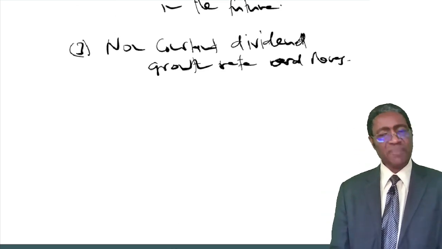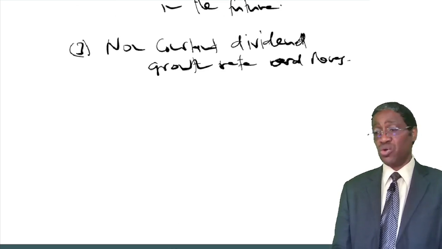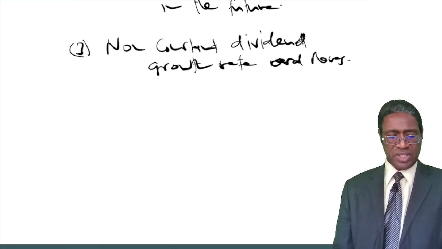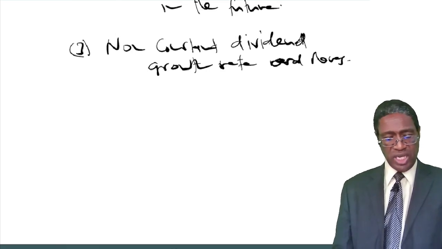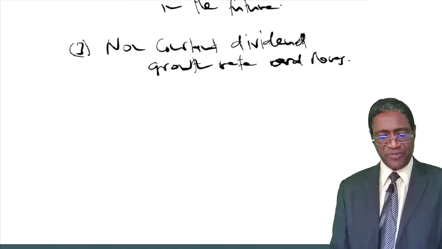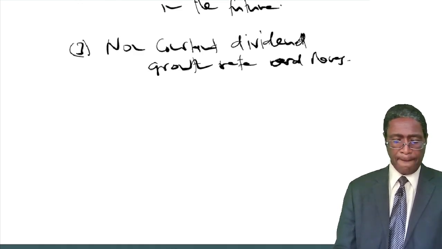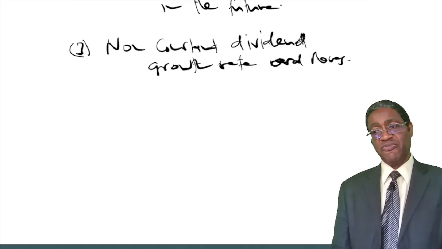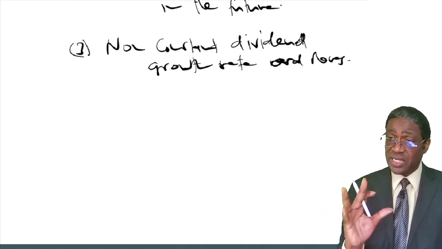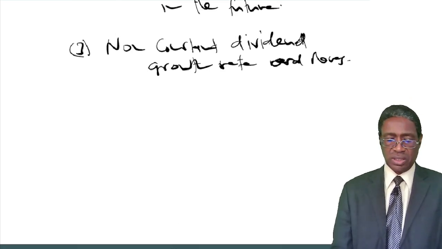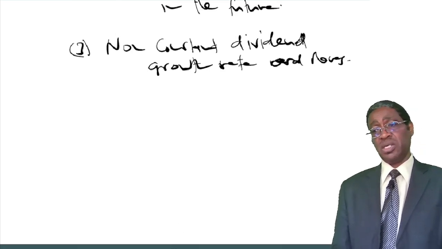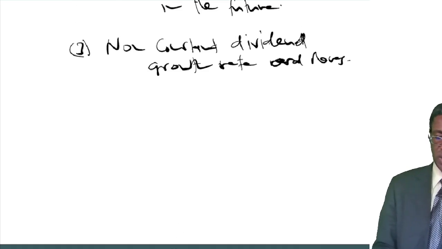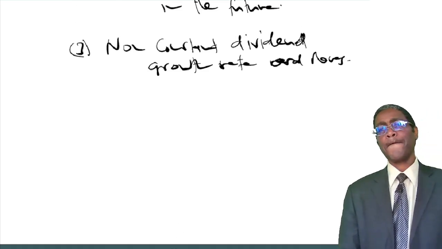Say this, where dividends will grow at different rates during the earlier years, before the growth rate becomes constant until infinity. Good. Until infinity.